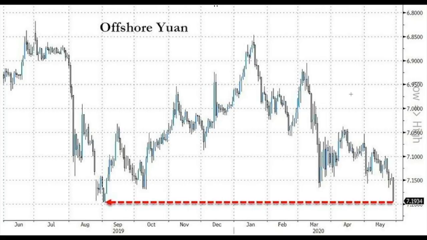Now, the Chinese go ahead and set the value of the yuan every day. It's not a floating currency. As they are not so happy with their current relations with the U.S., they are letting this depreciate. If it breaks out above here, it's possible it could happen tonight. If that happens, this thing could really get out of control.